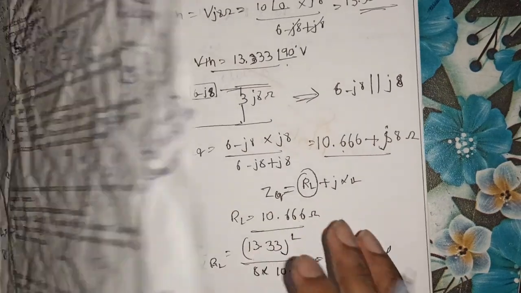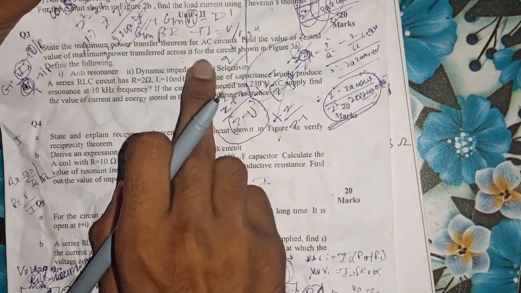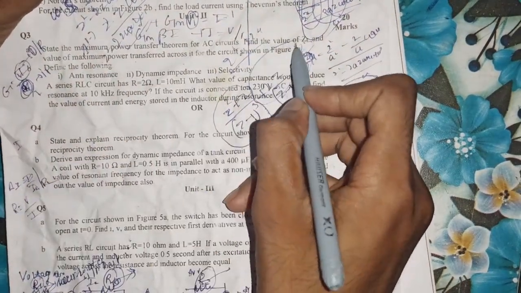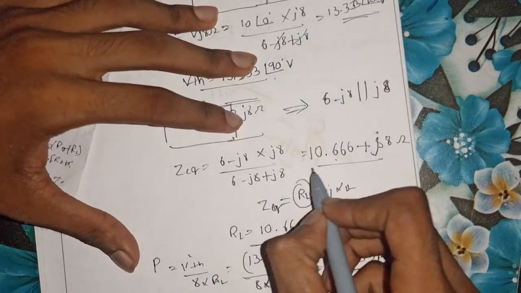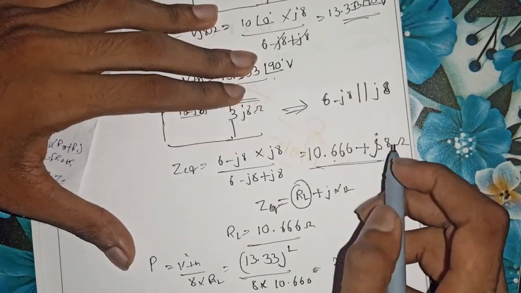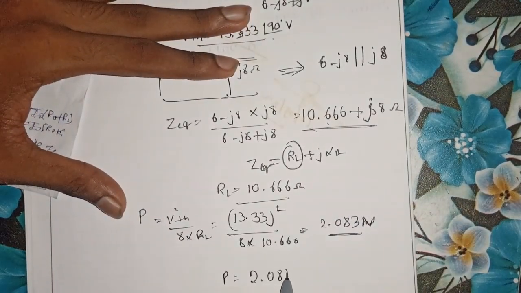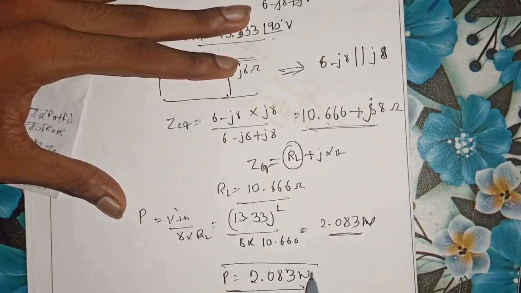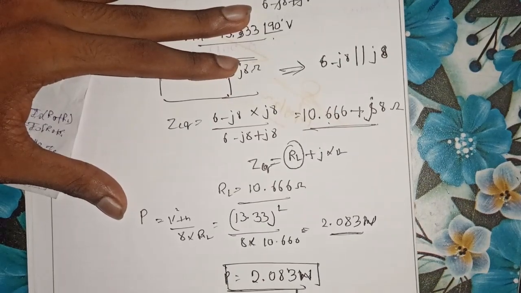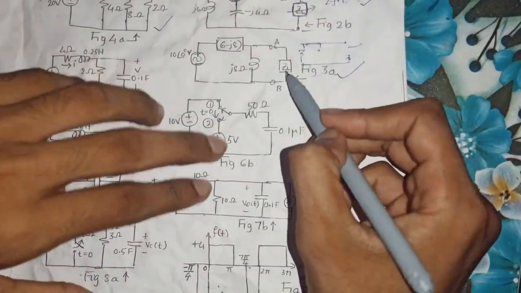The problem statement is to calculate the maximum power transferred and the value of ZL. So the value of ZL is 10.66 plus J8 ohm, and the maximum power that is transferred is 2.083 watts across the given load impedance ZL.